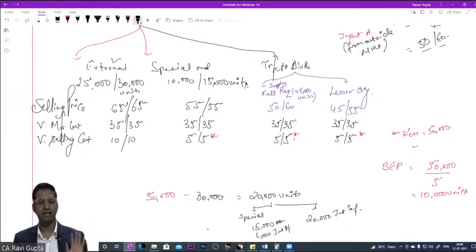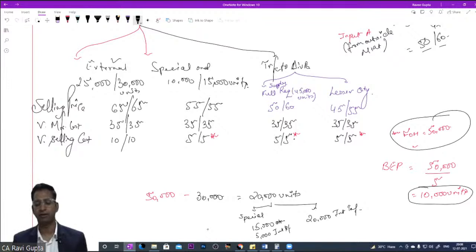That means in any case we can achieve the 10,000 units benchmark, and we are going to fully recover this 50,000 rupees cost. So it is a beneficial decision for us to incur 50,000 rupees and avoid the variable selling cost in year 2.